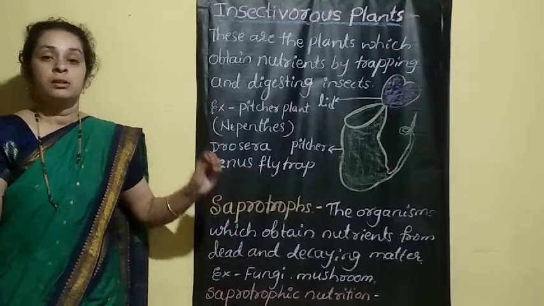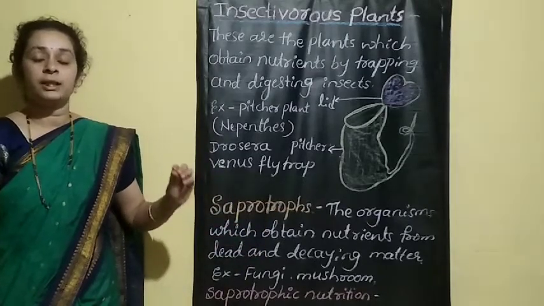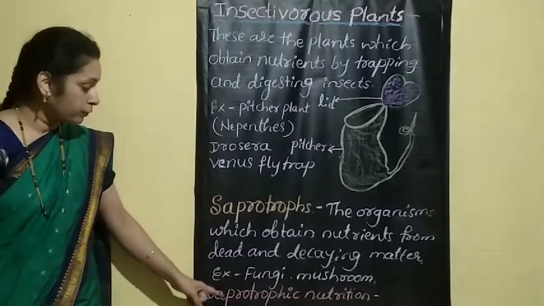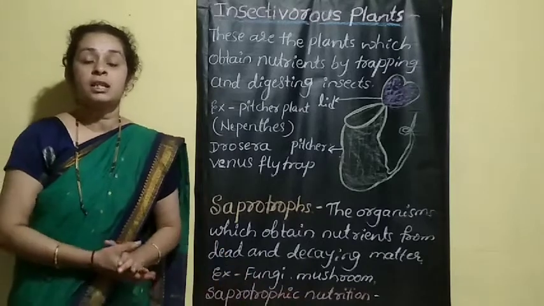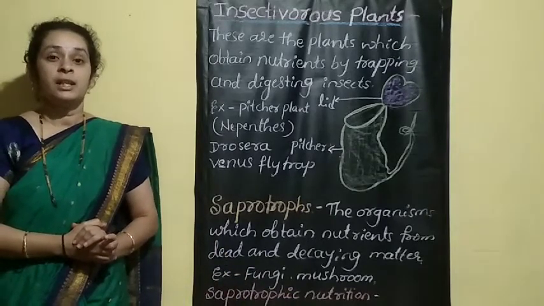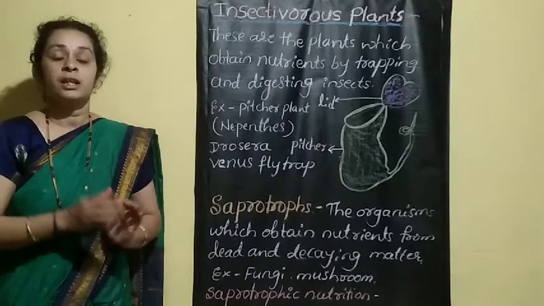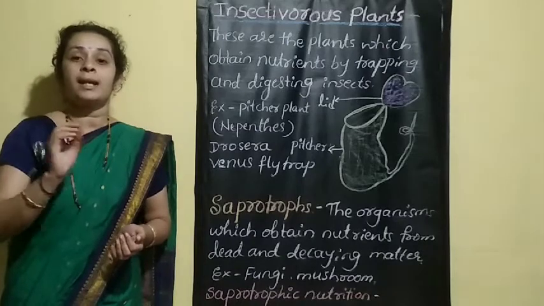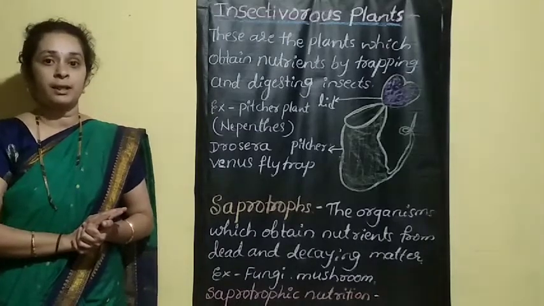Saprotrophs are the organisms which obtain nutrients from dead and decaying matter. That mode of nutrition is called saprotrophic nutrition, a mode of nutrition in which organisms obtain nutrients from dead and decaying matter.